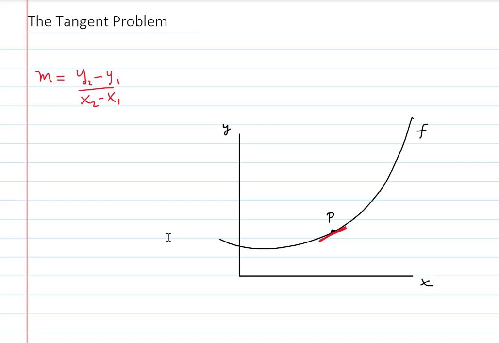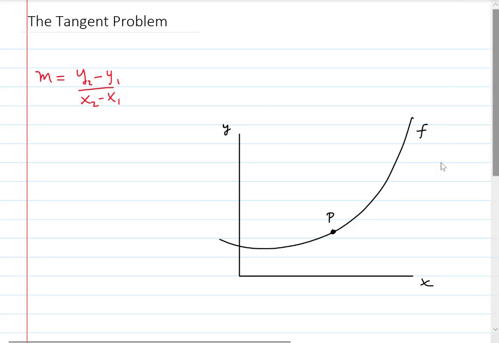That was pretty straightforward to do in pre-calculus if you had 2 points on the line. But we need to have a second point, and the problem here is that we only have 1 point, namely P. So how do we find the slope of this line going through P if we only have this 1 point?